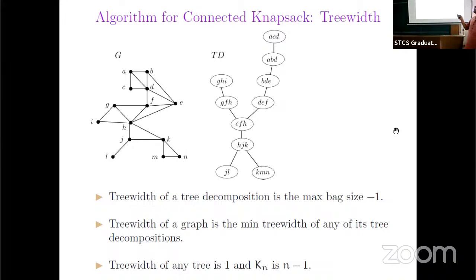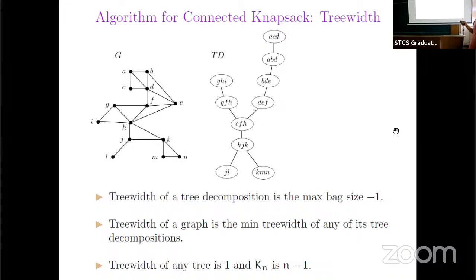What is a tree decomposition? It is a tree wherein every node corresponds to some subset of vertices, with certain conditions. What are the conditions? Every vertex must belong to at least one subset. These subsets are called bags, just to differentiate from vertices. These are vertices, these are bags. So the first condition is that every vertex of the graph must belong to at least one bag.